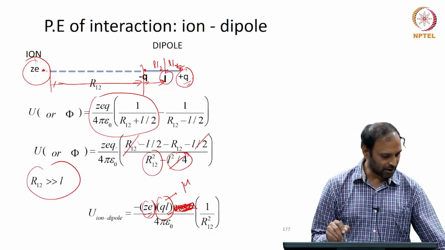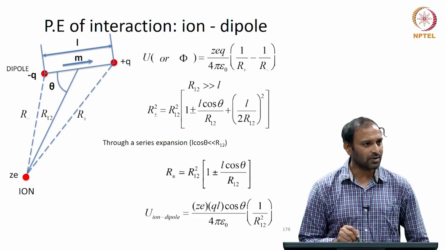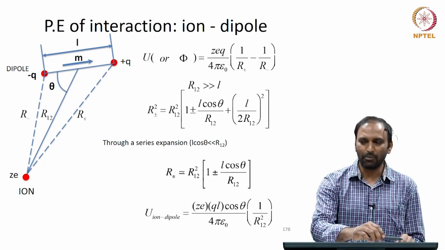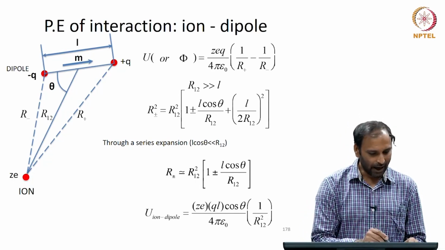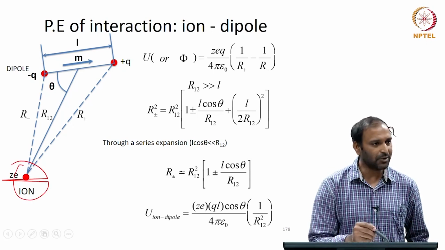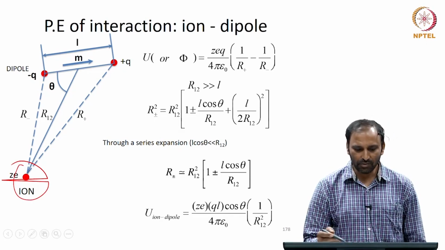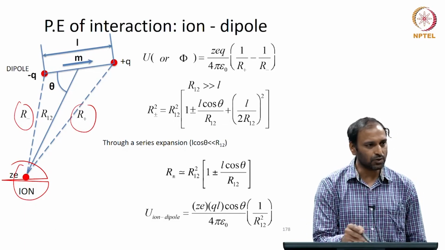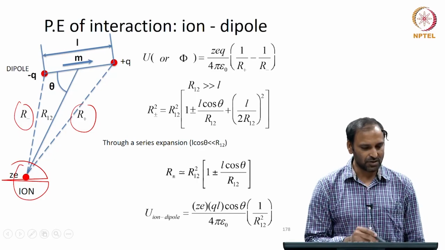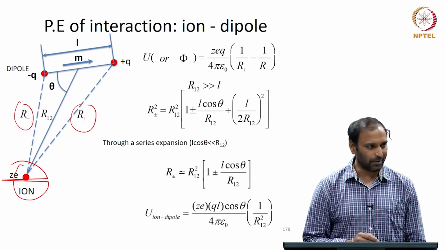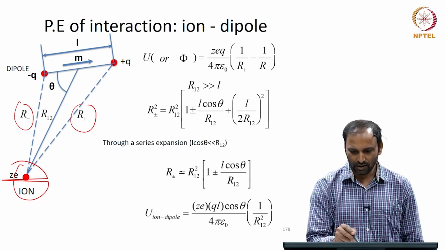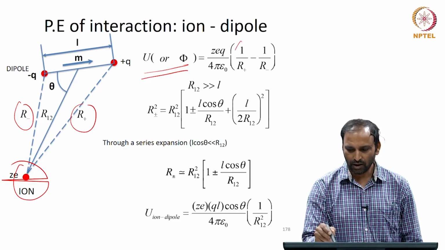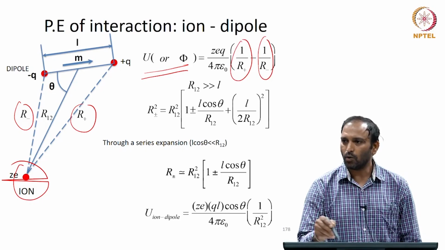Now, I can do a similar exercise for a case where it is an oriented dipole. This dipole is oriented at a particular angle to the ion that I have, then this theta becomes important. If r minus and r plus are the distances of these two charges which make up the dipole, I can write the total interaction energy as Z e q divided by 4 pi epsilon naught into 1 over r plus minus 1 over r minus.